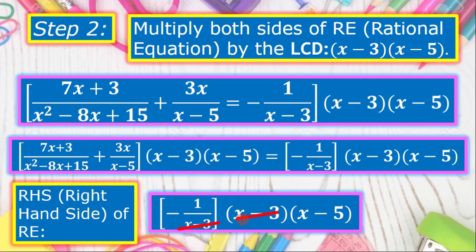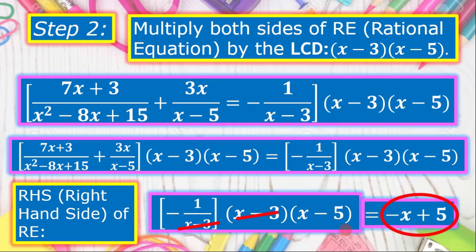We can cancel out the factors x minus 3, and this gives us negative 1 times the quantity x minus 5. To simplify, we have negative x plus 5.